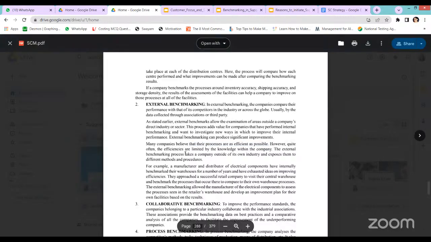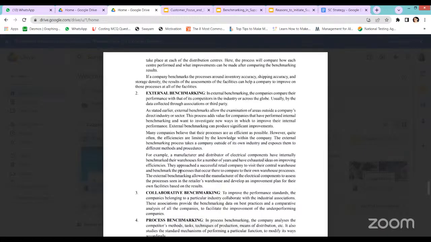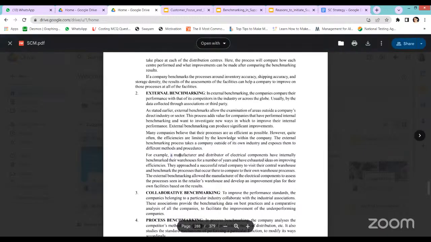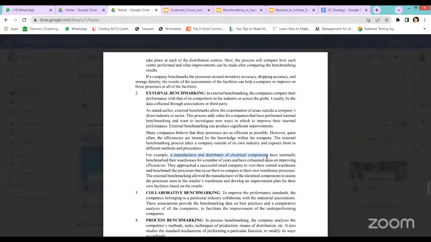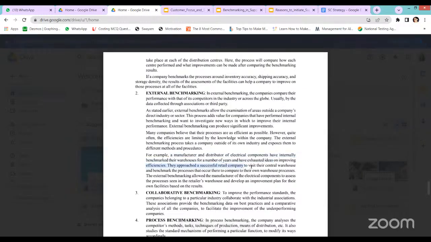So when a process takes a company outside of its industry or exposes them to different methods and procedures, it's only by trialing and understanding your competitor. For example, a manufacturer and distributor of electrical components had internally benchmarked their warehouses for a number of years and exhausted it. Now they wanted to go outside. What did they do? They approached a successful retail company to visit their central warehouse and benchmark the processes that occur there to compare with their own warehouse processes.